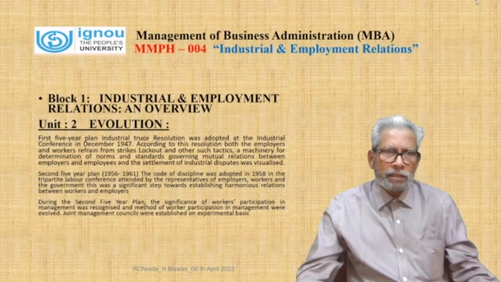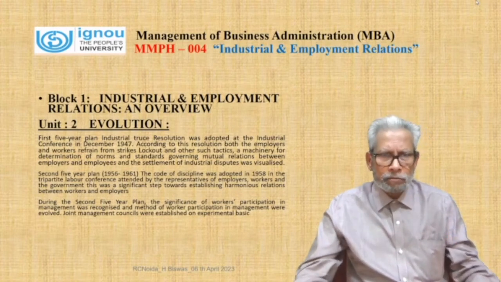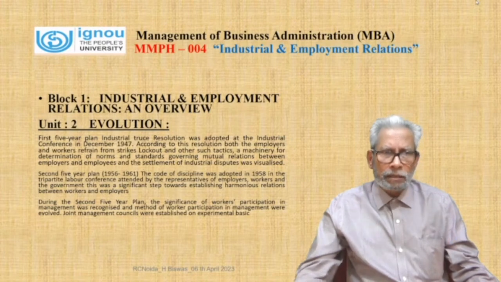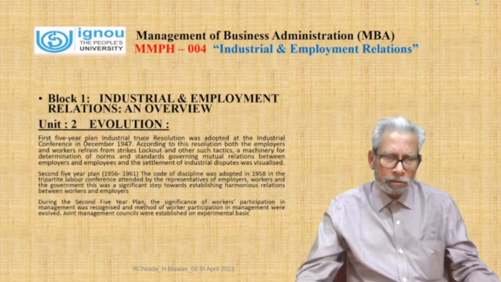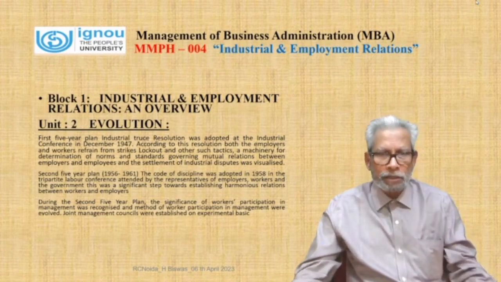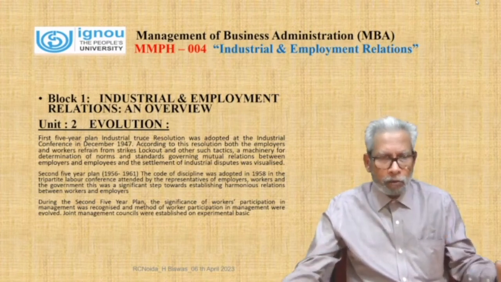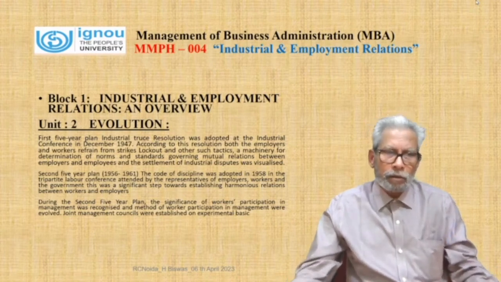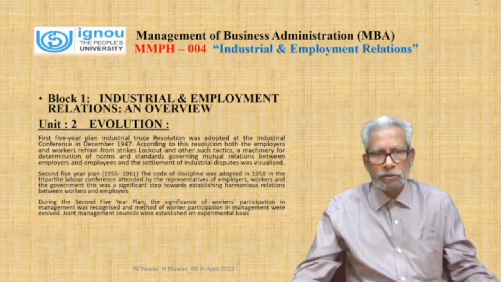Then there are the 5-year plans, beginning in 1947, and the second 5-year plan, 1956 to 1961. Basically, they adopted discipline and a lot of things. Tri-party representation was there: employer representatives, worker representatives, and government. There were 3 representatives, and significant steps were taken so that harmony and relations between workers and employers could be developed and maintained.